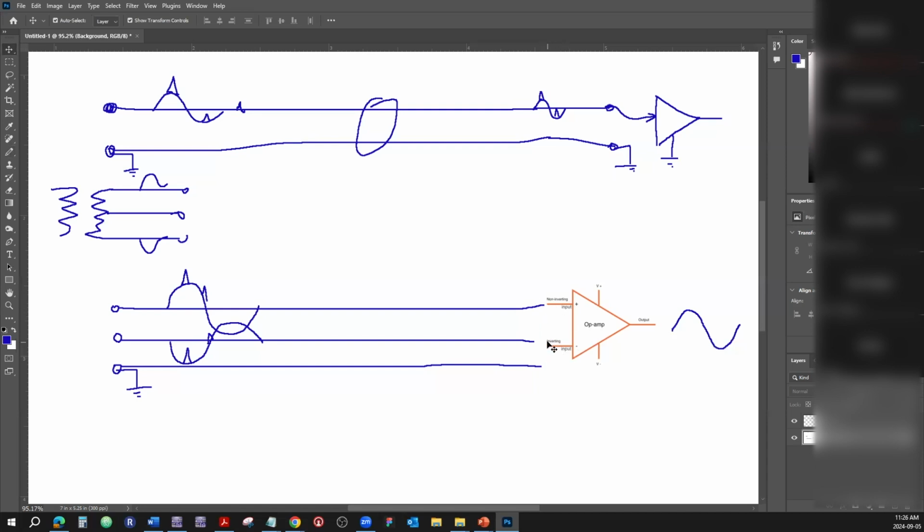The noise doesn't create a difference of potentials, so the noise will be ignored. You're going to have a clean signal. With the balanced signal, you can transmit weak signals way further than with the unbalanced signal when it comes to, for example, audio, but it could be other signals.